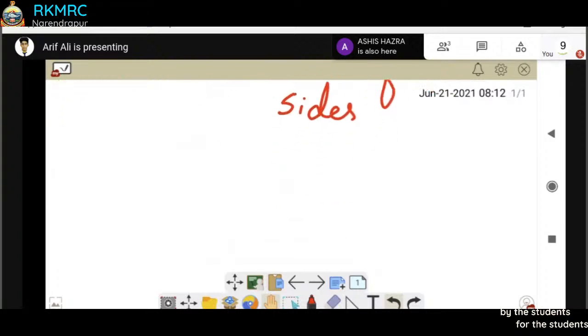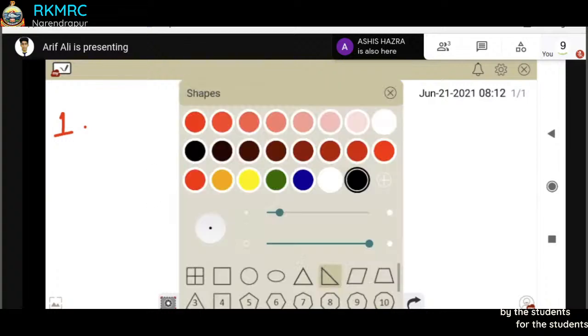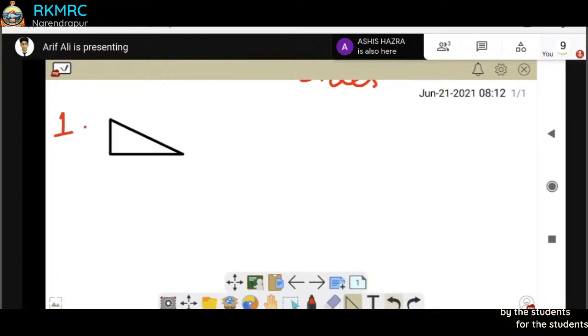So let us take one example to make it more clear. So this is your triangle. You can also draw this like this.